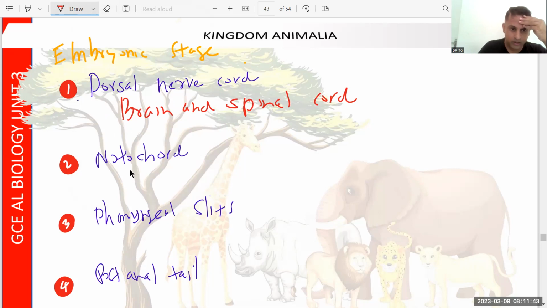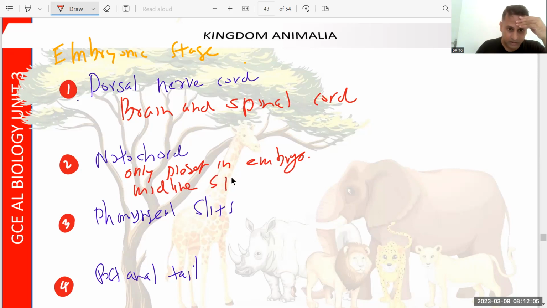And the notochord is only present in the embryo. We don't see it after development. It functions as a midline signal that patterns surrounding tissue.